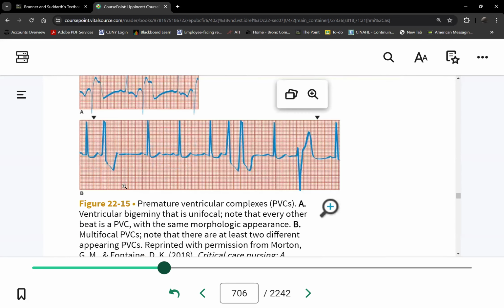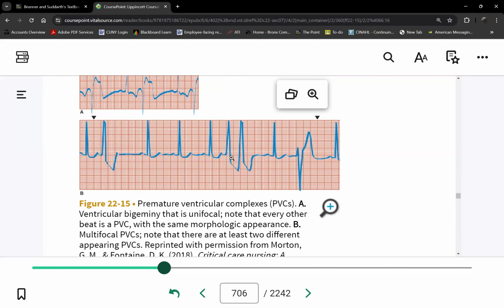Look at this, they are premature beats, so therefore they occur prematurely, for lack of a better word. And they're distorted, okay? They look different. So this is your regular QRS, regular. These are PVCs, okay? They look abnormal, but you see how this one is the same?